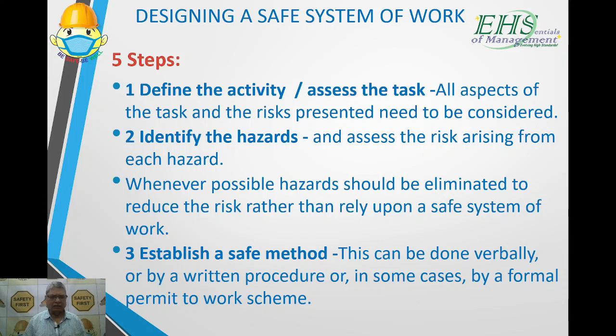We call it a standard operating procedure, or in this case we will call it a safe operating procedure. Or if you want very thorough and elaborate instructions given, then you go for the permit to work scheme. We will look into permit to work scheme after we complete this safe system of work. Okay.